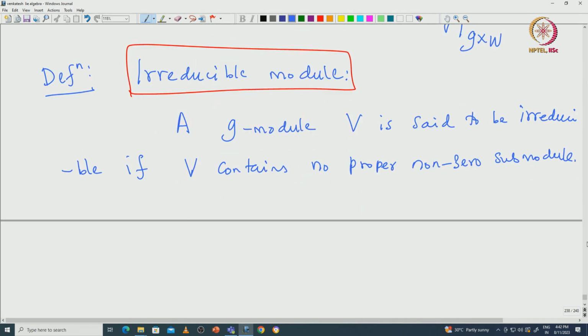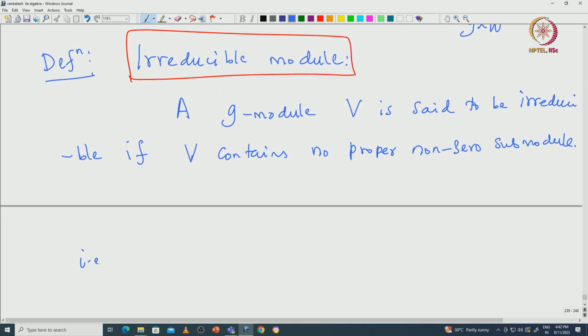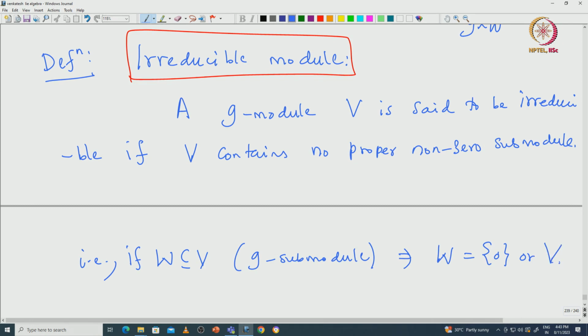That means if W is a G submodule, then that should imply either W is 0 or the entire V.